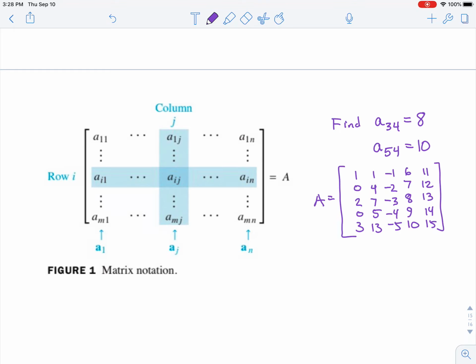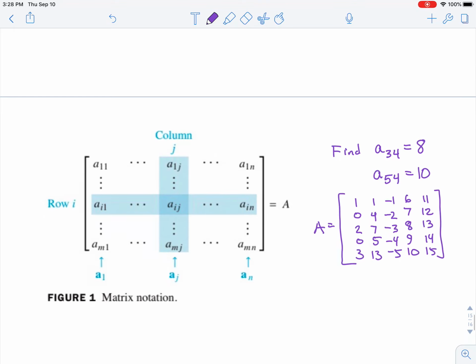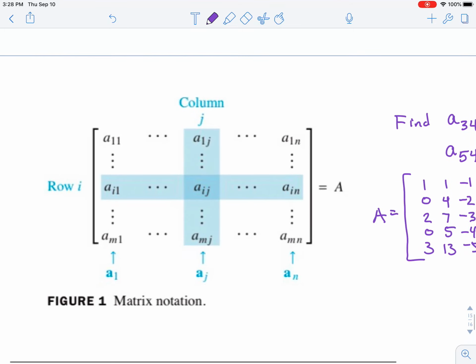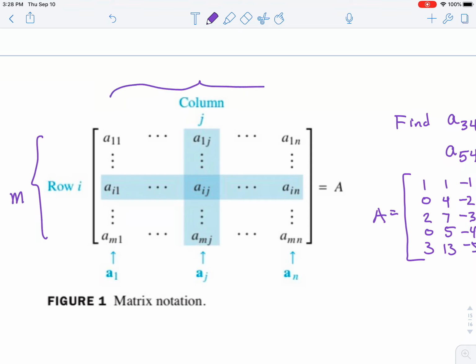And now is a good time to talk about it. If we have a matrix, and this is a big matrix A, we can talk about the entries. And so every matrix, if it's kind of general like this, will always have m rows and n columns. Usually our matrices are m by n. And sometimes we might want to talk about a certain entry.